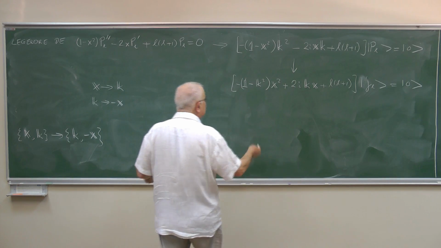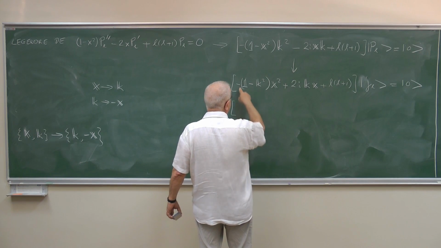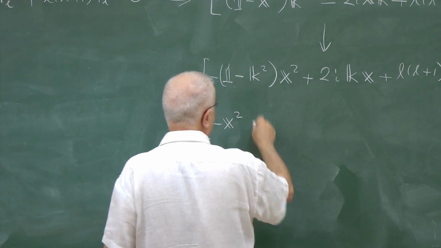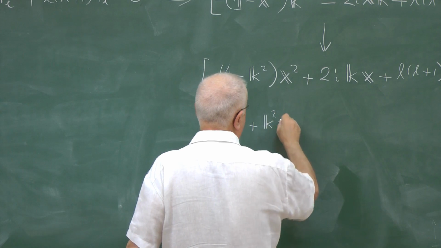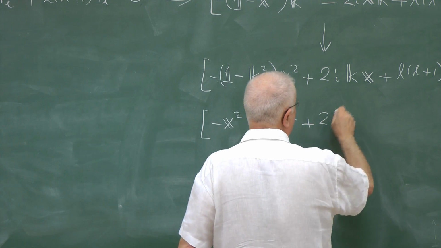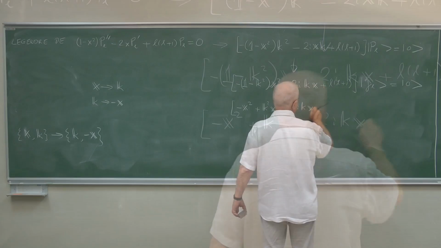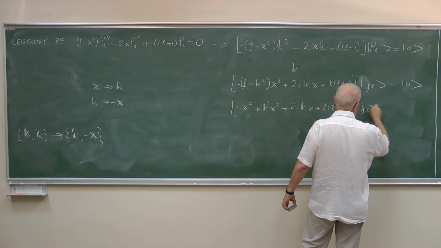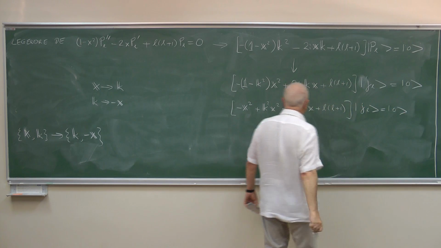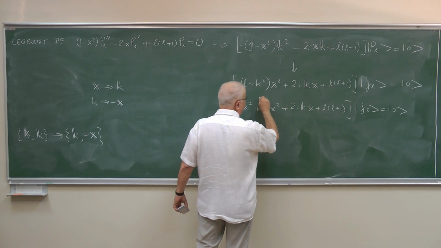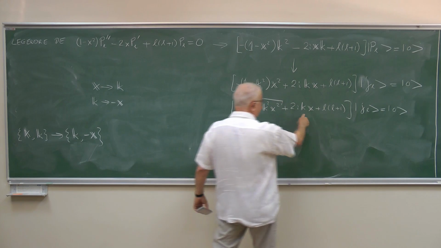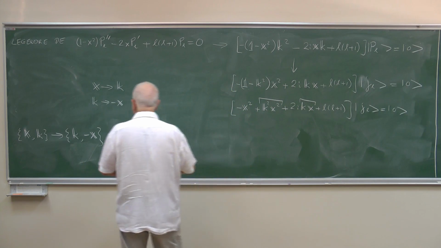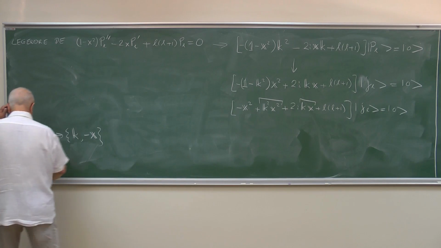Now, rewriting it a little bit more, minus 1 times x squared, this is minus x squared, then minus minus plus, plus k square x square plus 2i kx plus L, L plus 1, close, J_L is 0. This is the ugly term. This is also ugly, but I'll find an easier solution to that in a moment.